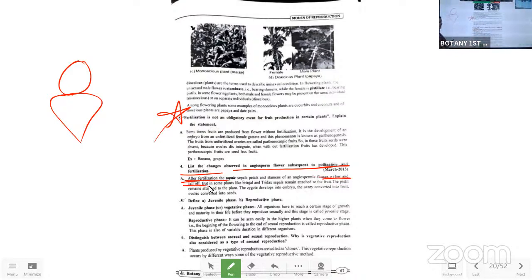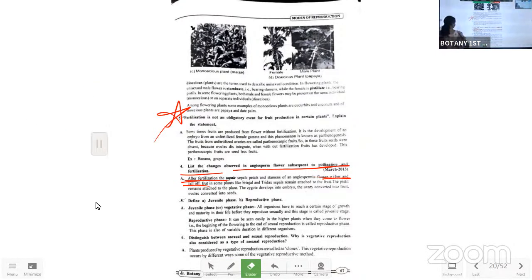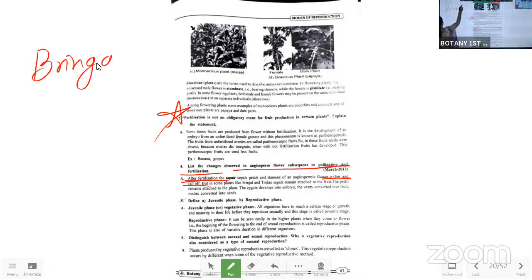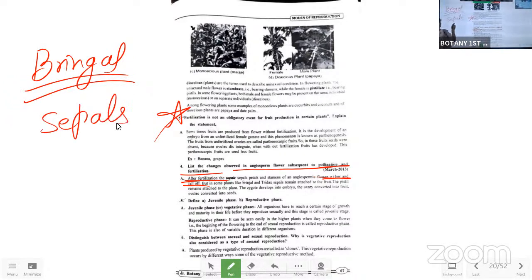But in some plants, the petals and sepals will be present after the fertilization process also. Example, brinjal. In this, the sepals will be present after the fertilization.